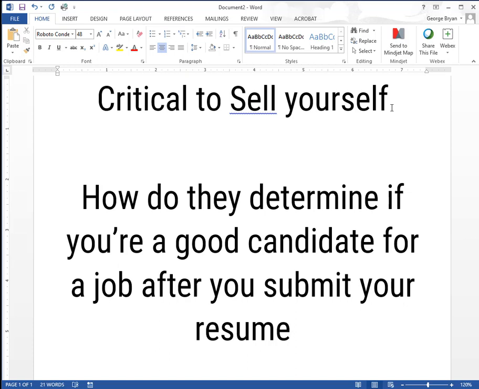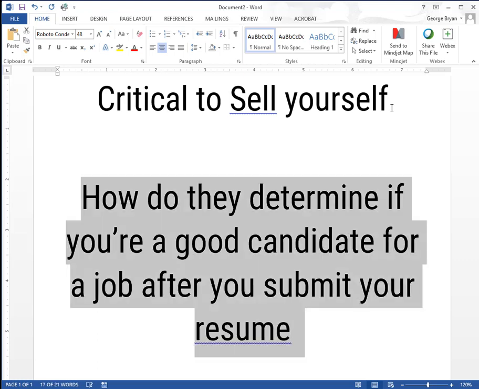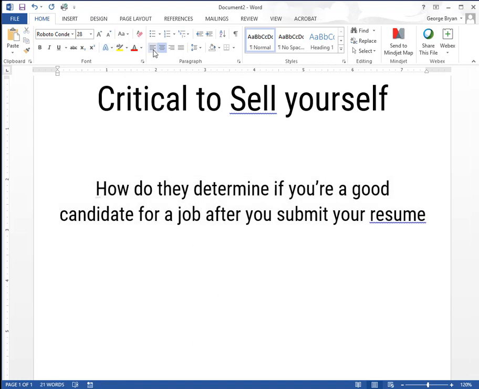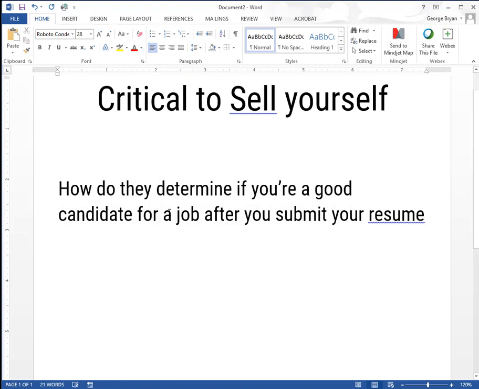Or what about, recruiters also search the internet to see if they can identify good candidates. Not all jobs are posted on job boards.